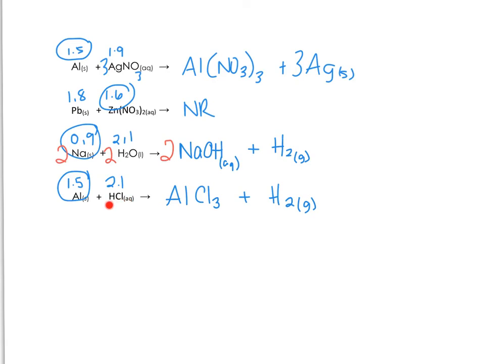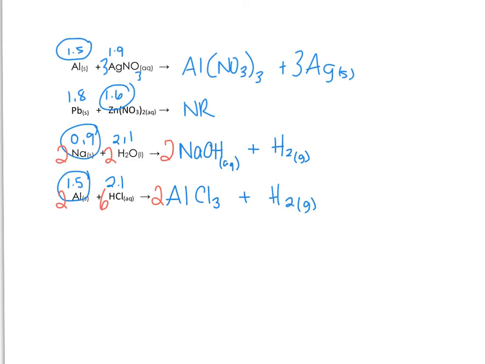So instead of multiplying this by 3, double that. So it's 6. So now we have 6 chlorines on the left. So we will have to multiply aluminum chloride by 2, which gives us 2 aluminums. So we have to multiply aluminum by 2.